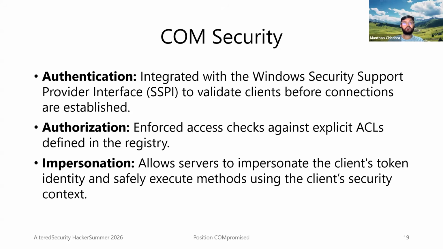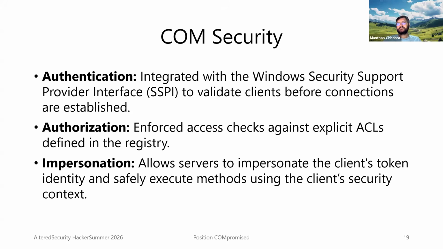Now, if a low privilege user wants to call a method on one of these high privileged objects, for example, reading a sensitive file which they don't have access to, there is a major risk that the service might accidentally leak sensitive data that the user shouldn't have access to. Now, COM solves this using impersonation.